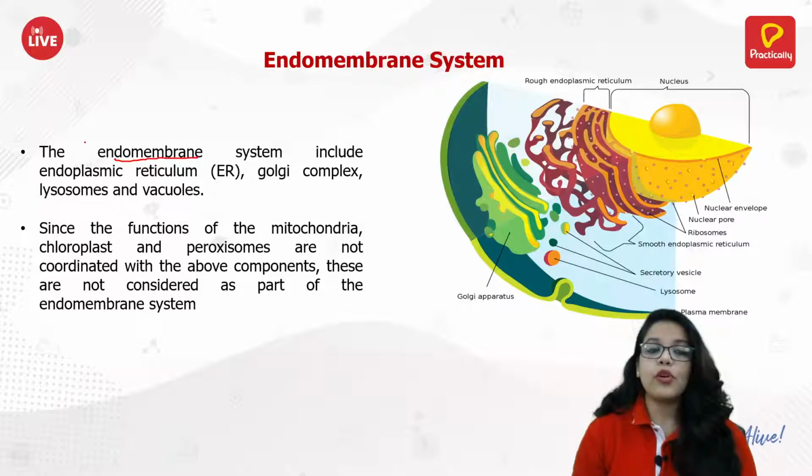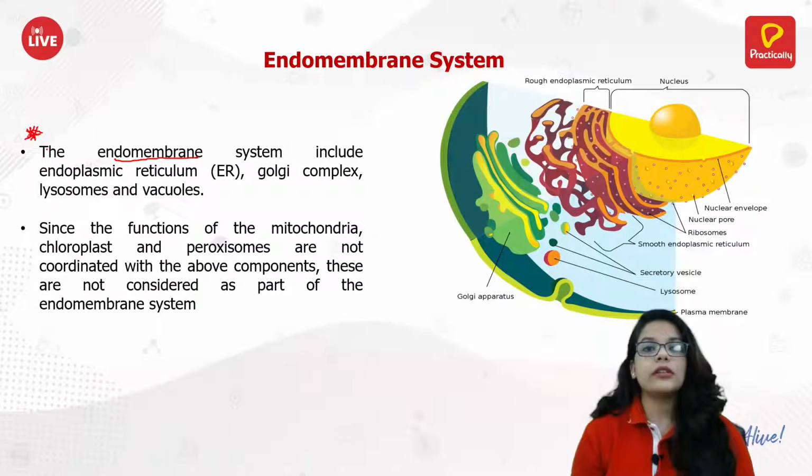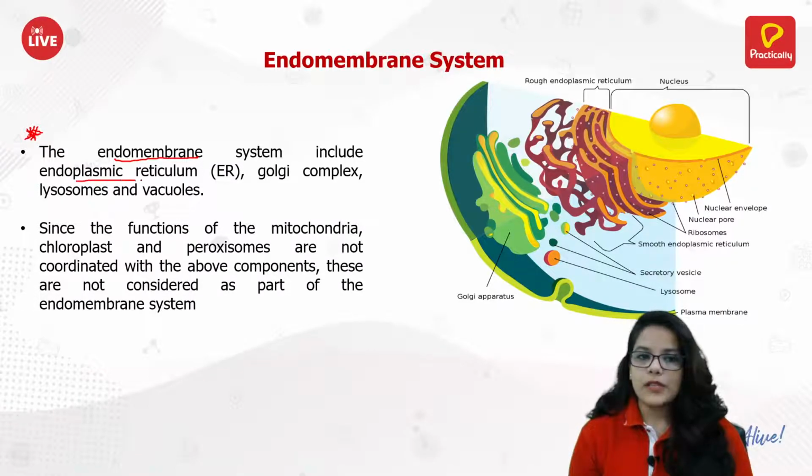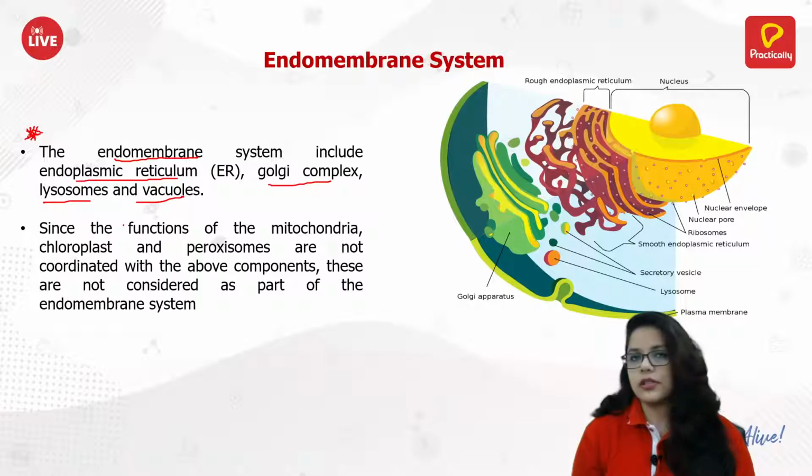This is an important question for NEET. It has actually come where they ask what are the organelles in the endomembrane system. It is endoplasmic reticulum, Golgi complex, lysosomes, and vacuoles.